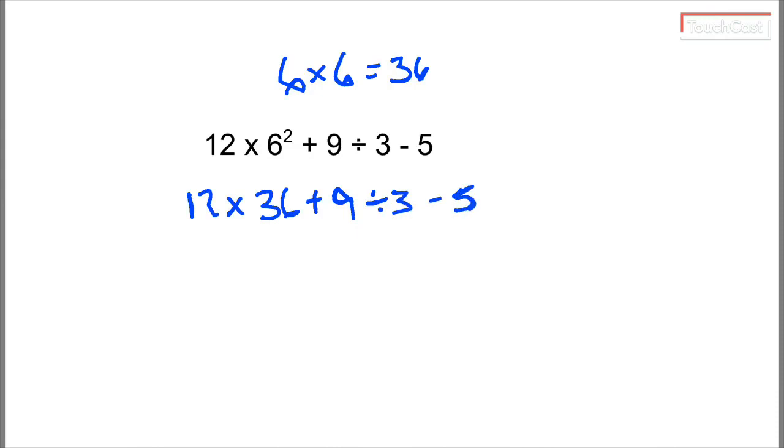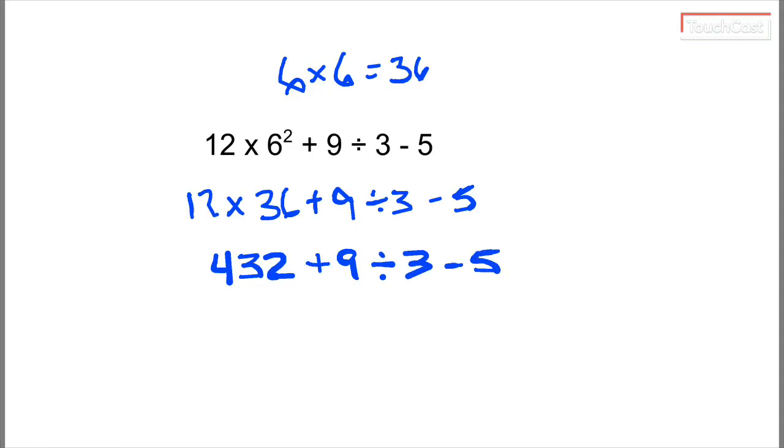So we don't have any more exponents, so we're going to move on to multiplying and dividing. We do have multiplication. It is on the left, so we have to do that first. 12 times 36 gives us 432, and we're going to rewrite everything else.